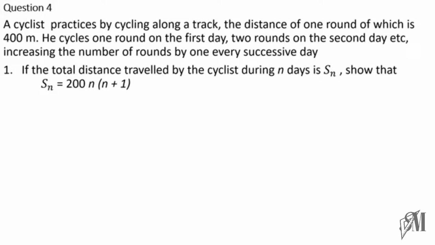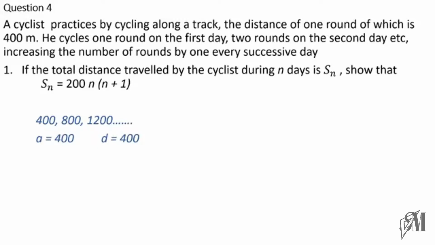So first of all, we have to recognize what type of progression this is. You see clearly the terms of the progression. It is 400, 800 and 1200 and so on, because each day he is increasing 1 round. 1 round is equal to 400 meters. So here you have to identify a is equal to 400 and d is also equal to 400.